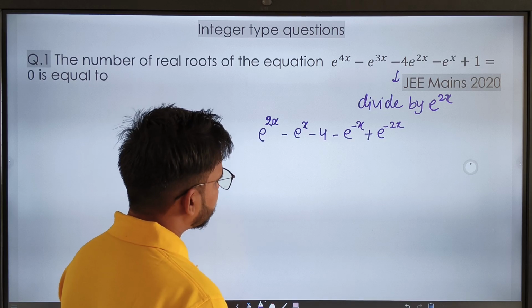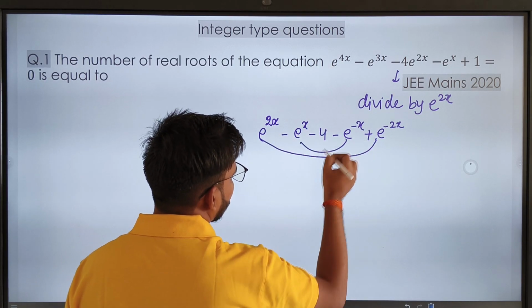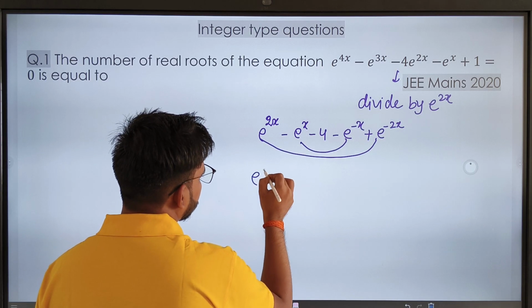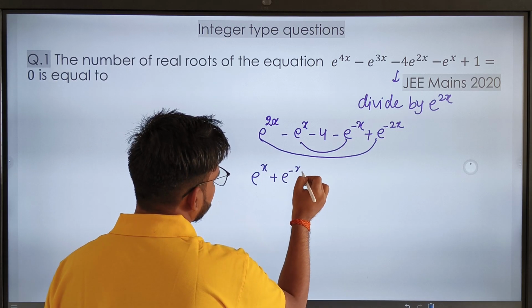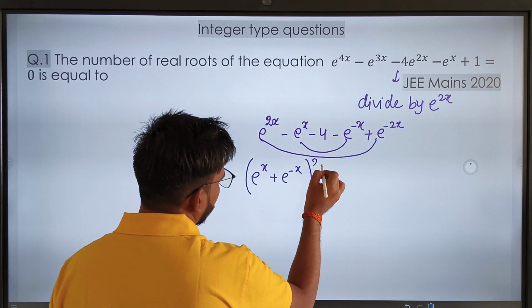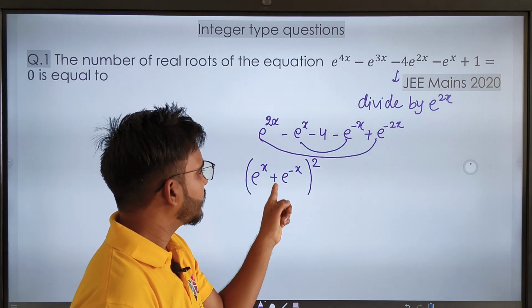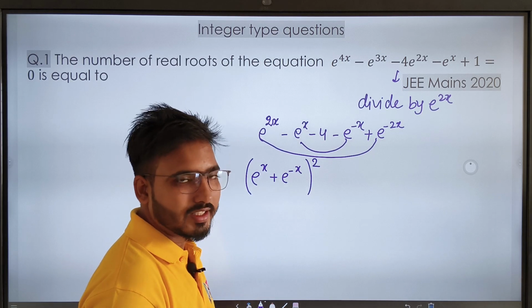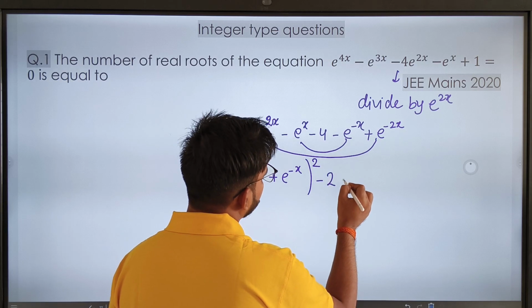What is the benefit? Very simple. These terms are symmetrical. So I can write this as (e raised to x plus e raised to minus x) whole square. If I expand its whole square, it is going to be e raised to 2x plus e raised to minus 2x, plus 2 into e raised to x into e raised to minus x, that is 1, plus 2. So basically I do minus 2 and plus 2.